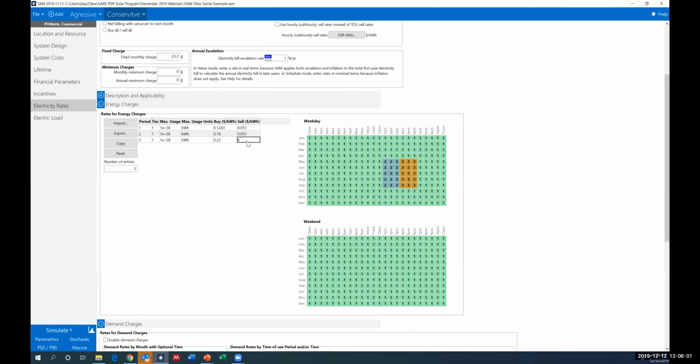And so what the utility is obviously doing in this case is 2 things. One, I think they're trying to make their money during the time when electricity is very expensive. But the other thing they're doing is trying to influence their customers to maybe switch their hours a little bit.